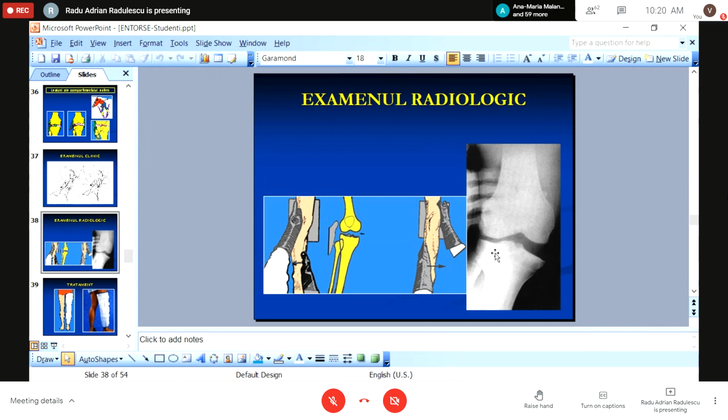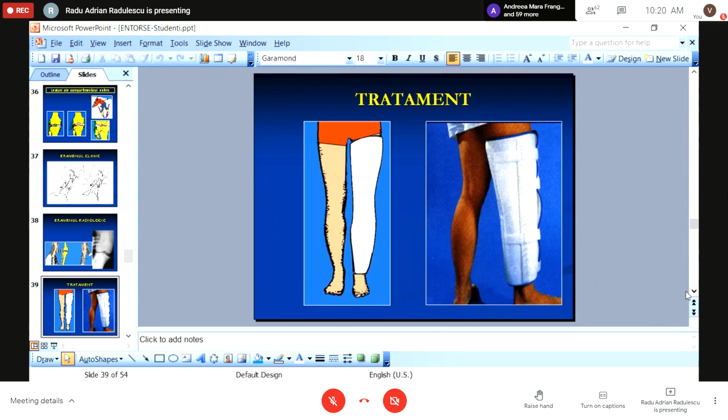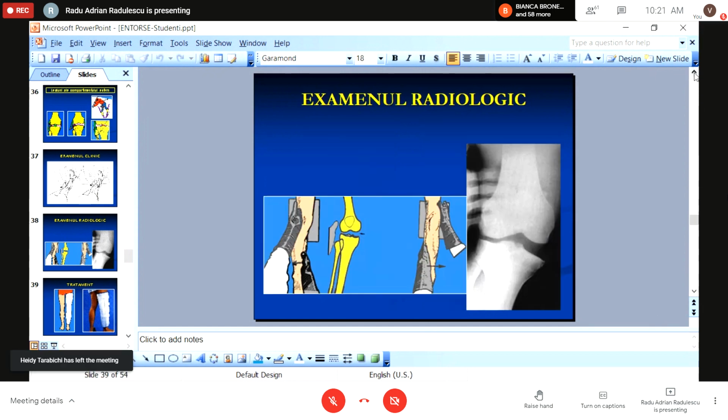We can even measure the angle of this opening in order to, let's say, make an objective idea about the degree of the sprain. Of course, you'll see this is done also by using a modular device, no more the hands of the examiner that will be kept in the way of the x-rays.